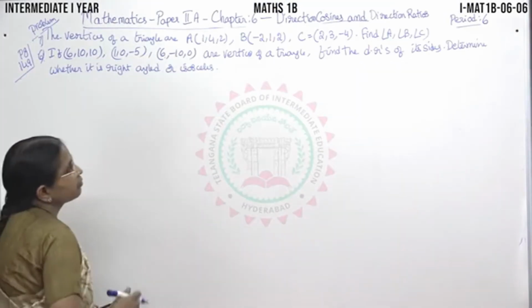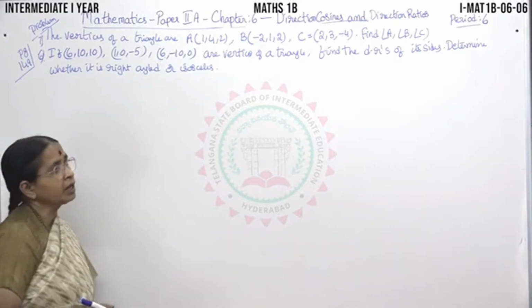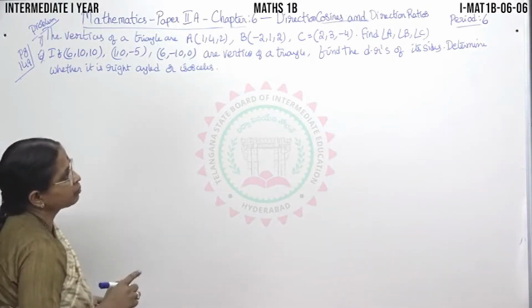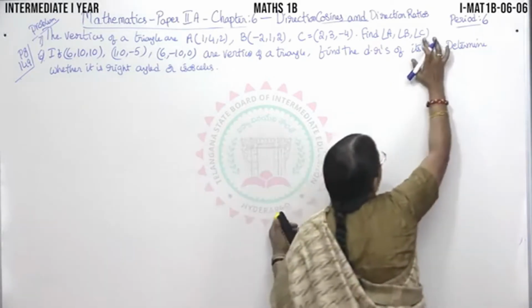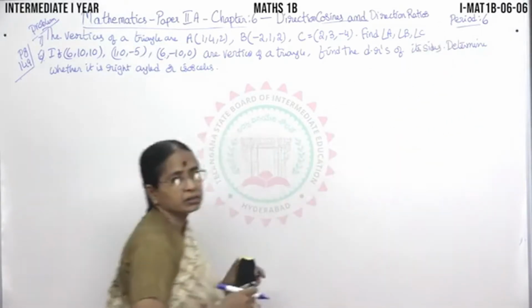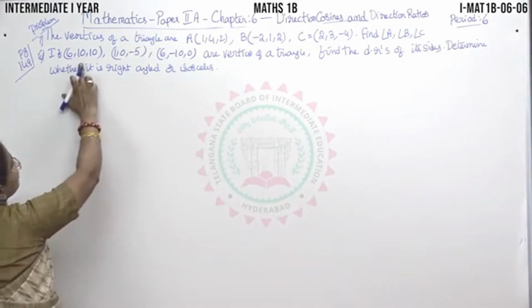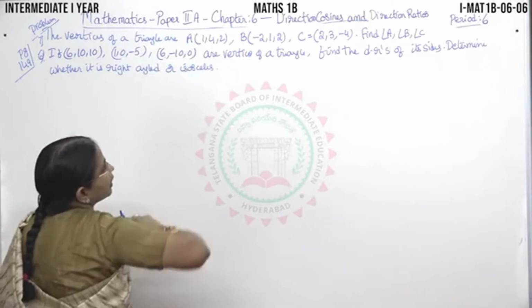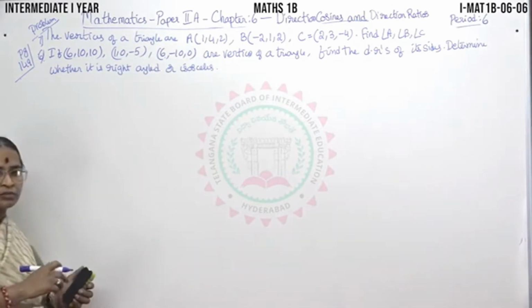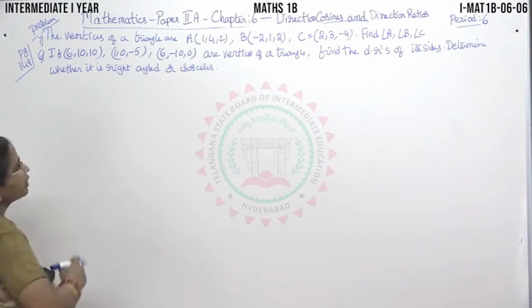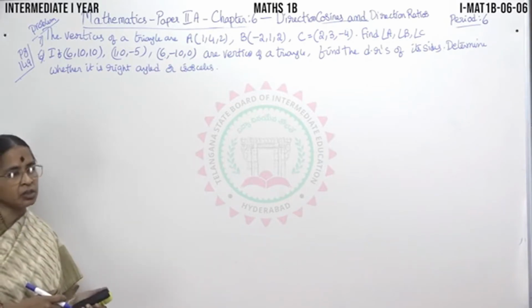So the vertices of a triangle are given. Find the angles A, B and C. That is one problem. So these are also very important for 7 marks. Another problem is you are given again the vertices and then find the direction ratios of the sides. Then determine whether it is right angled or isosceles.